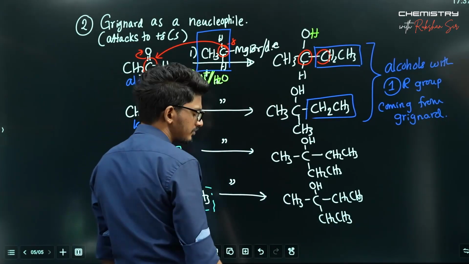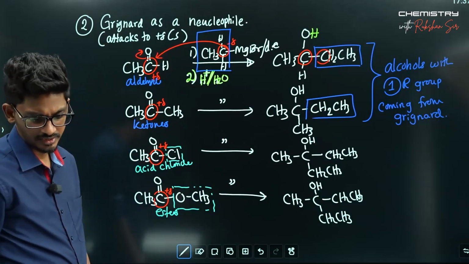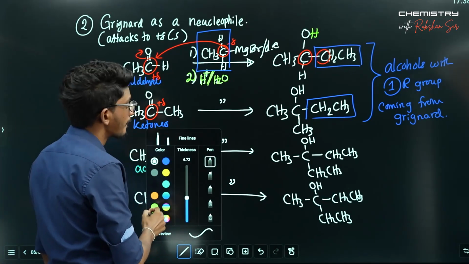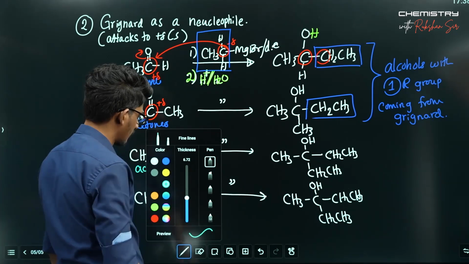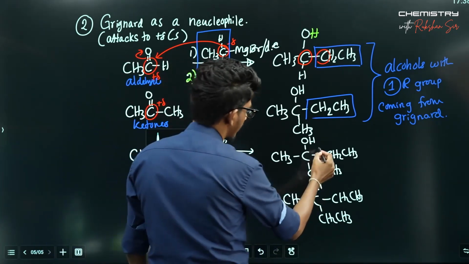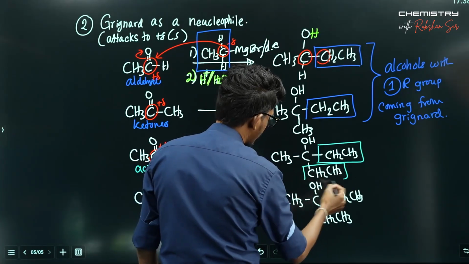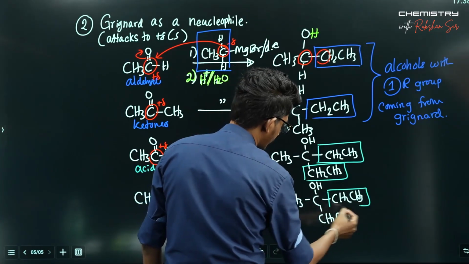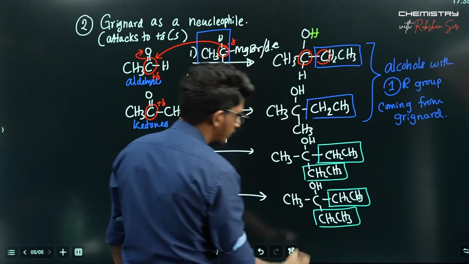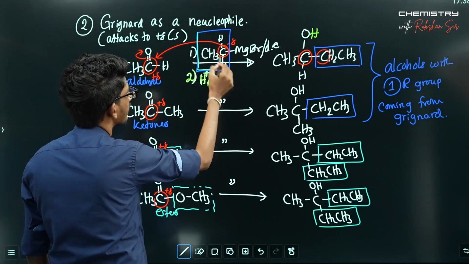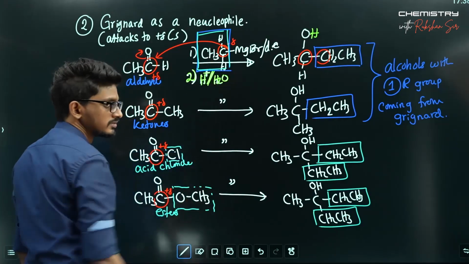Okay, the idea is clear. You can say these two groups are coming from the Grignard. Alcohols with two groups from the Grignard. This is the Grignard's R section.